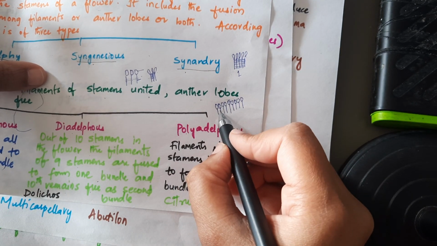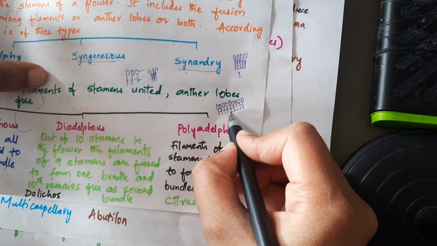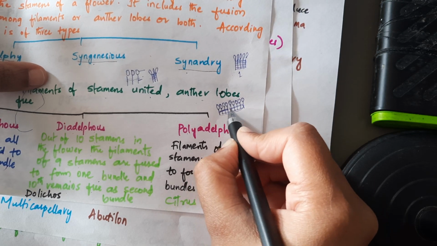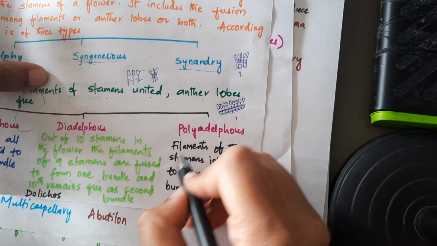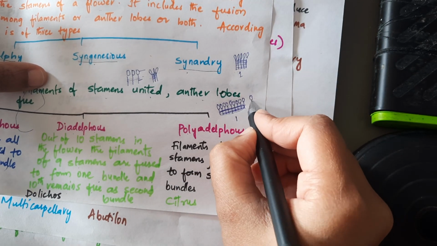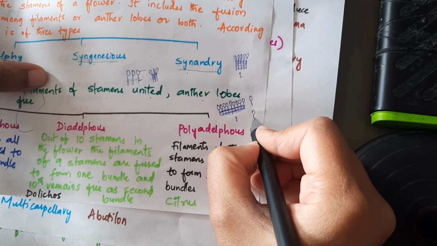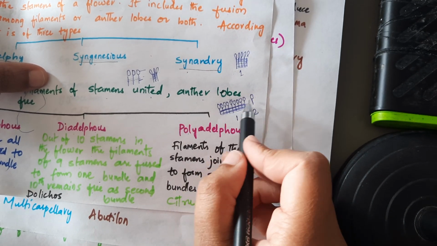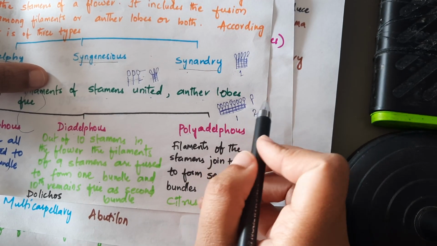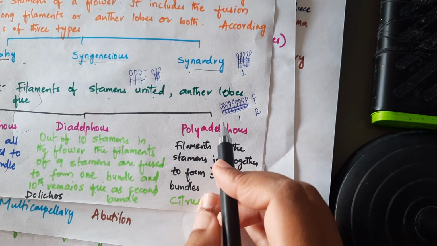In these 9 stamens, all the filaments are fused and form one bundle, and the 10th stamen remains free and forms the second bundle.